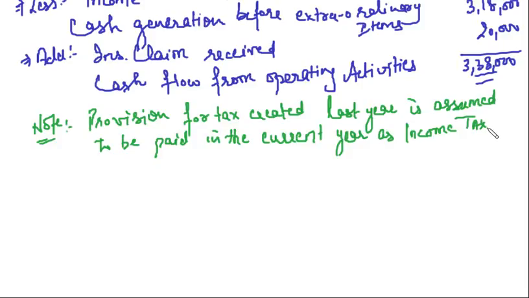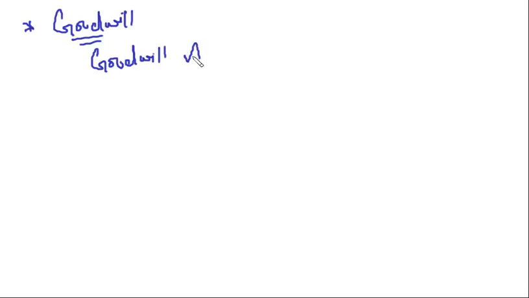Right? So, one or two small points I'm going to discuss in this. Talking of goodwill, what have we done so far? We have said goodwill amortization, or written off. This is the same thing, right?